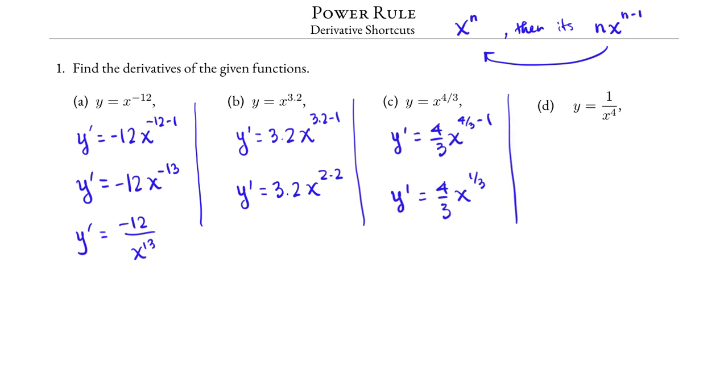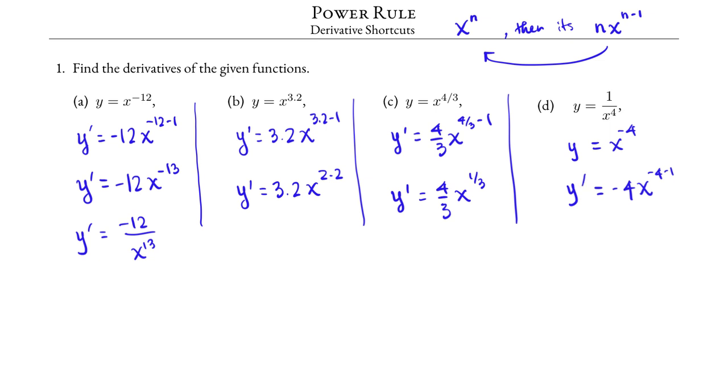And for part D, 1 over x to the 4th is not in the power form, not yet, so we need to rewrite this. This is not the derivative, but it is y. 1 over x to the 4th is x to the negative 4th using the exponent rule. Then y prime is negative 4 x, and we lower the power by 1.